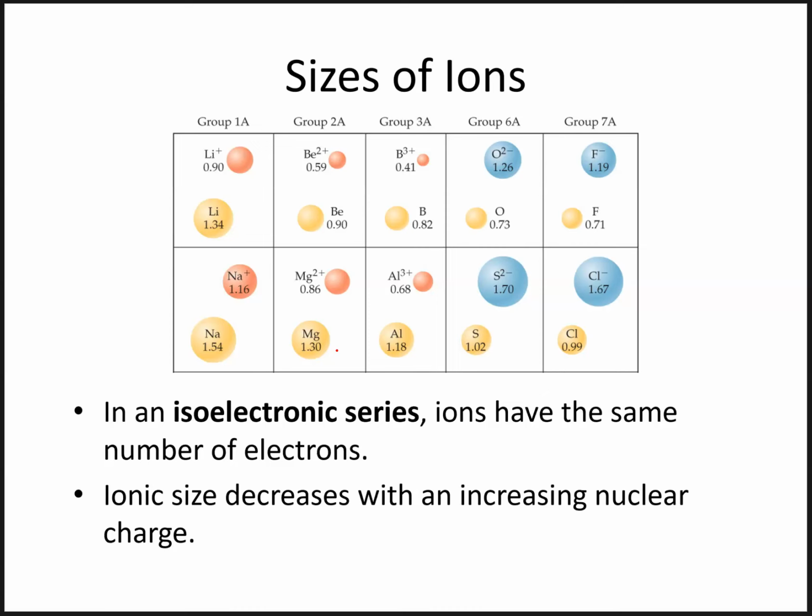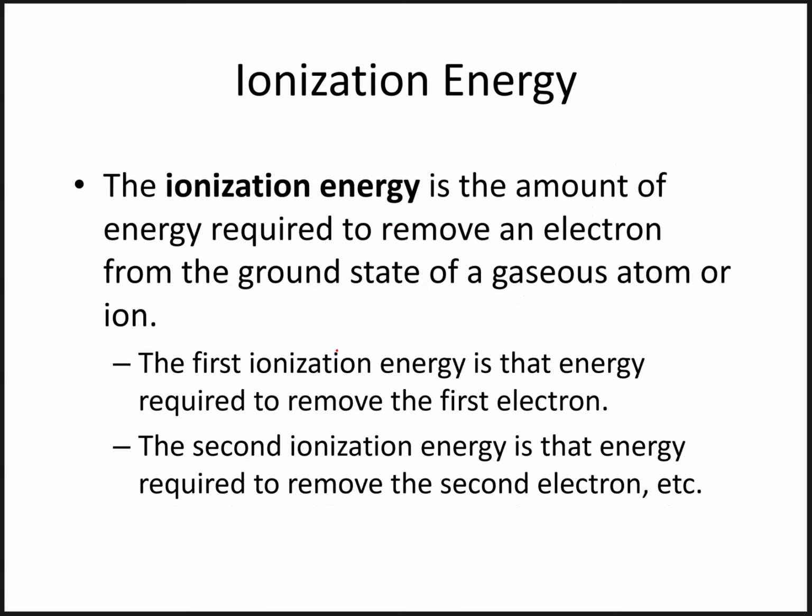Let's shift gears now and talk about ionization energy. Ionization energy is the energy required to remove an electron from the outermost orbital of an atom. And so the first ionization energy is the energy required to remove the first electron. The second ionization energy is the energy required to remove the second electron after the first electron has already been removed.